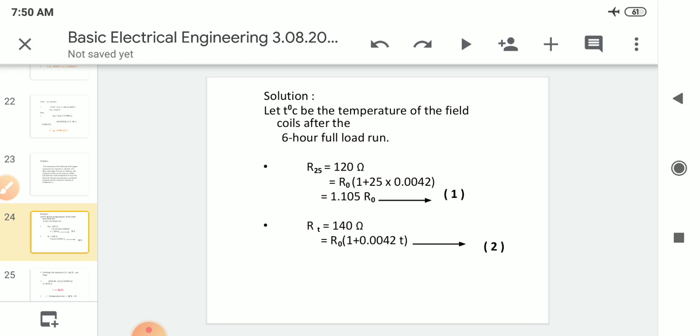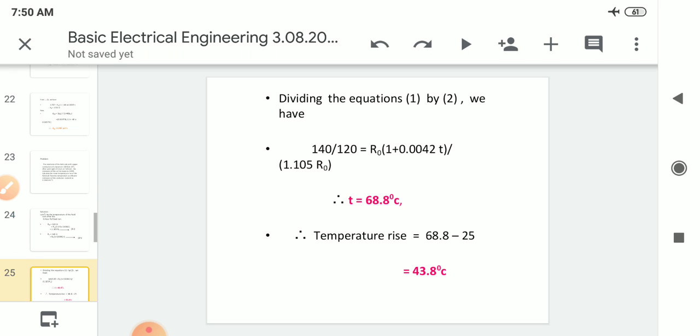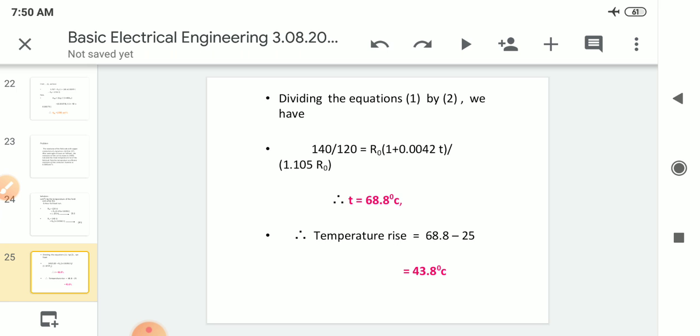Like that we are getting the second equation at the rise in temperature. We are having these two equations. Then next step is what? After getting the two equations, we divide these two equations. Then we are getting the value of T.